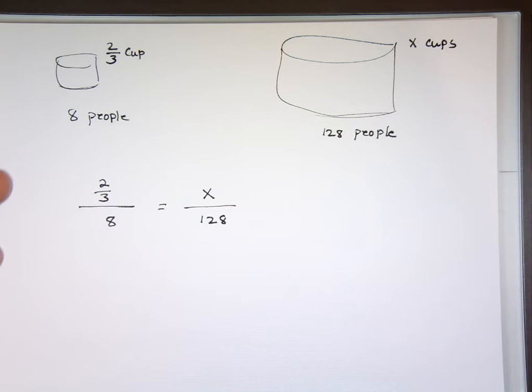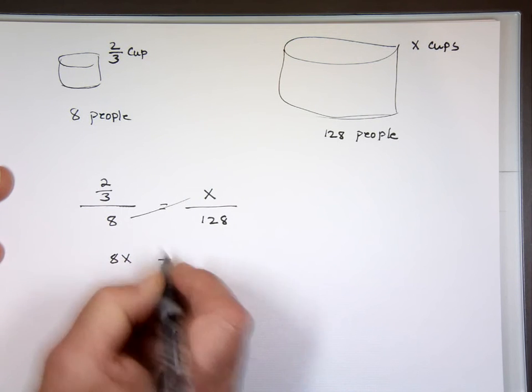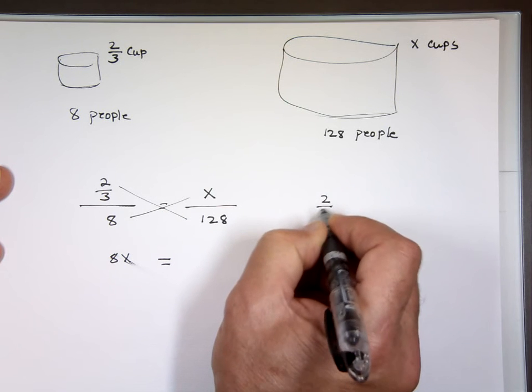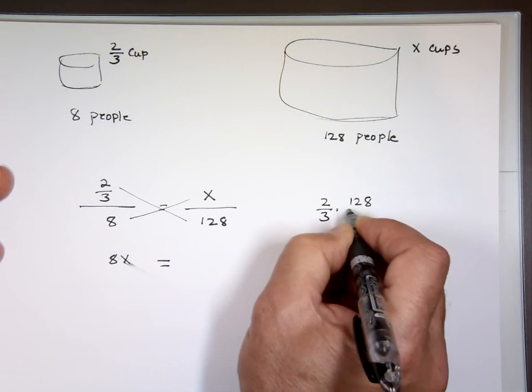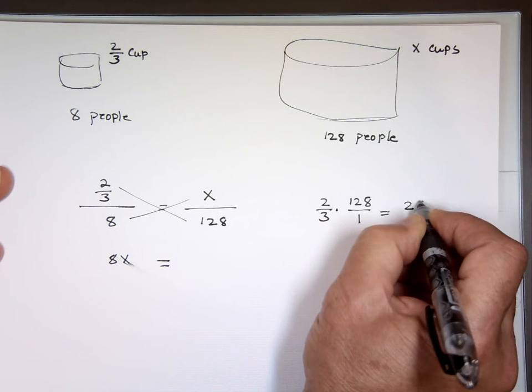Cross multiply. 8x equals, let's multiply that, 2/3 times 128. That's 128 over 1. 256 over 3.